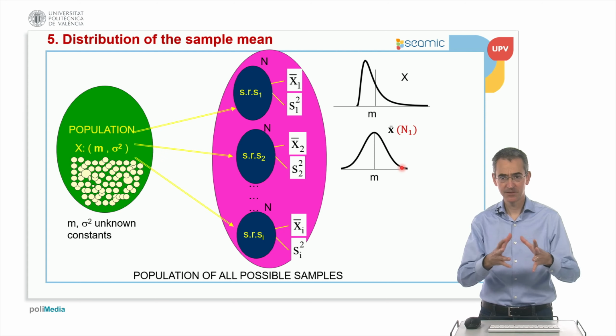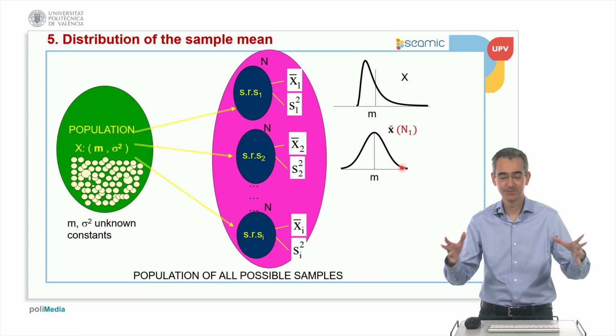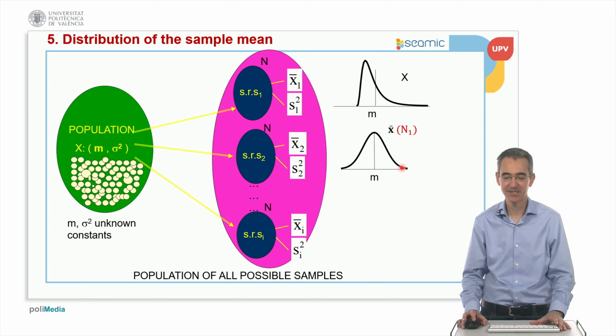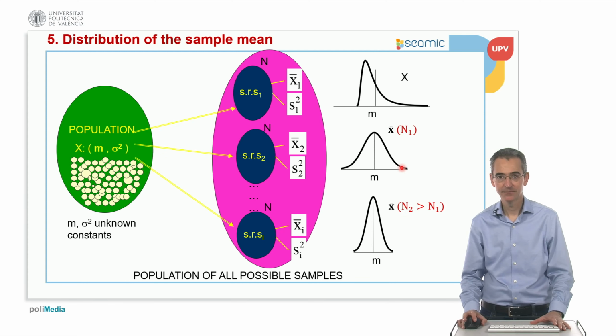The average is a sum of random variables divided by n. Always when I sum random variables, according to the central limit theorem, this sum tends to be normal if the number of variables that I'm summing is large enough. But if the sample size increases, then the variability will decrease.